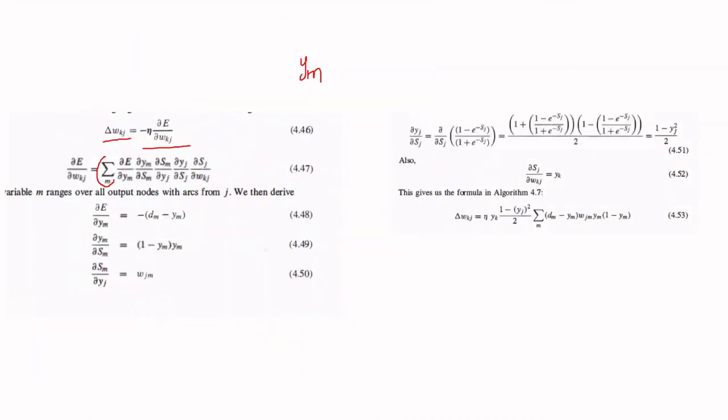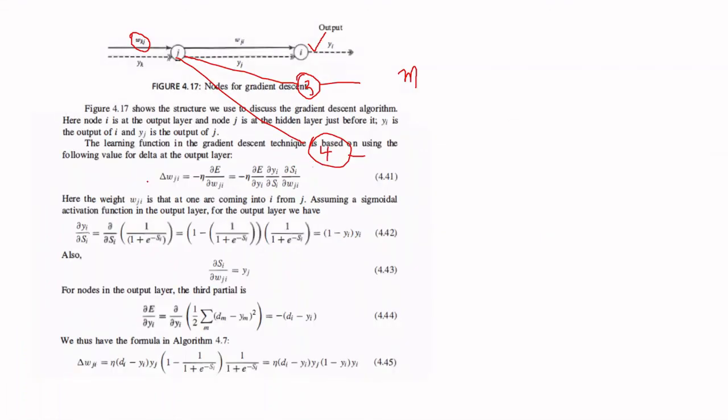That is, we are summing the errors over all the output nodes, and m is the output node. So we write dou E by dou Wkj as the error with respect to the output Ym, and Ym with respect to Sm.